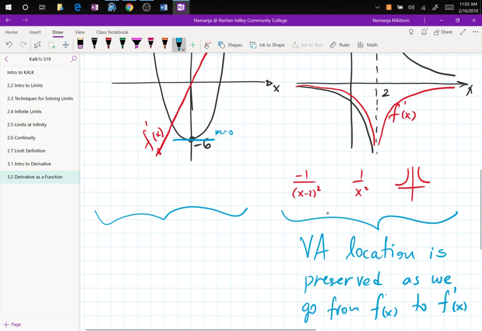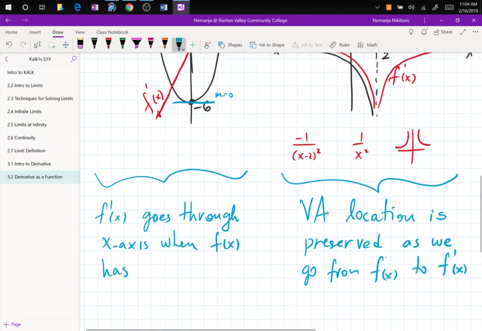On the previous picture, f prime of x goes through the x-axis when f of x has a min or a max.